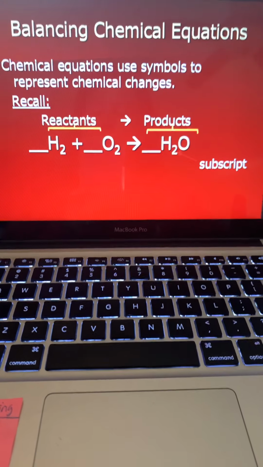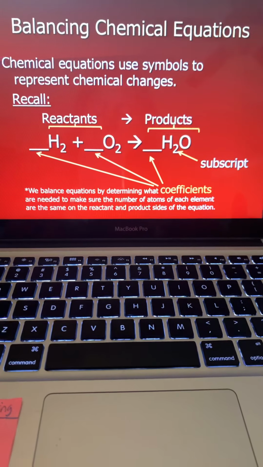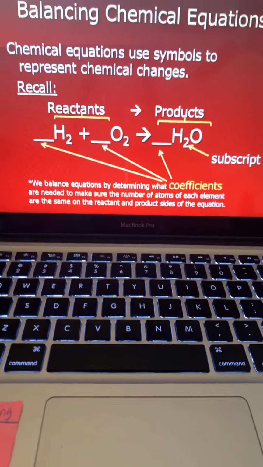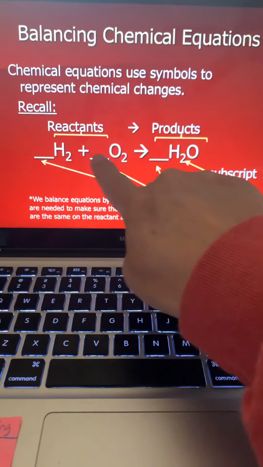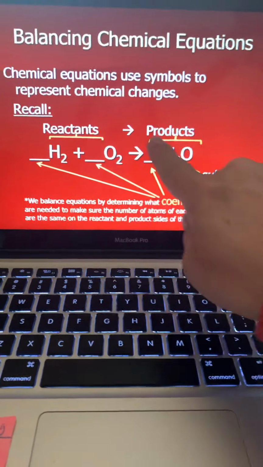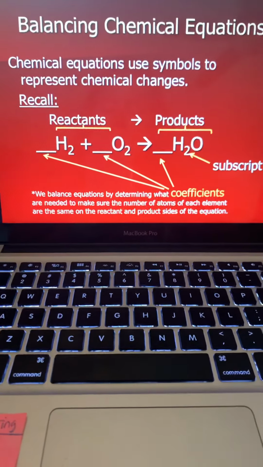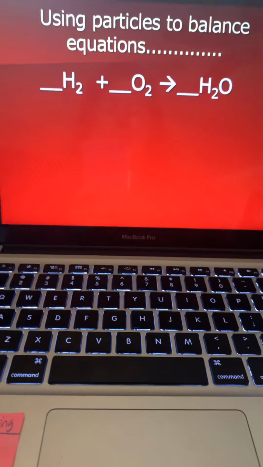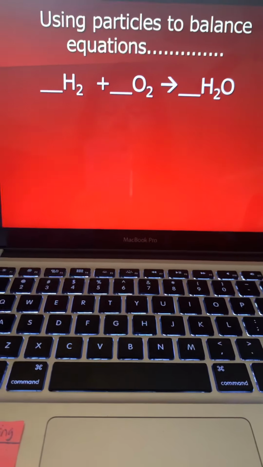The subscripts we know are those little teeny tiny numbers. But the coefficients are what we need to figure out. How many of each one of these formulas do we have so that the left side and the right side are balanced or equal? So we're going to kind of step it out using some pictures here.